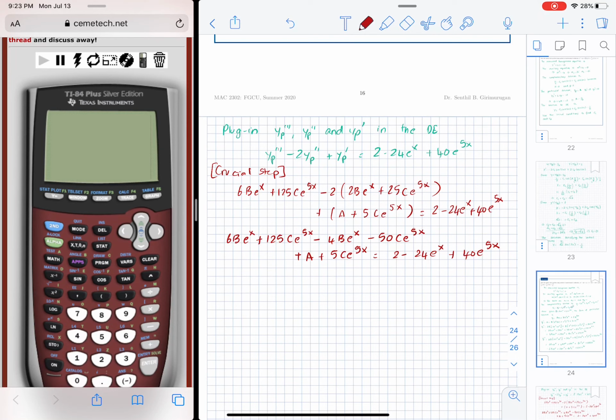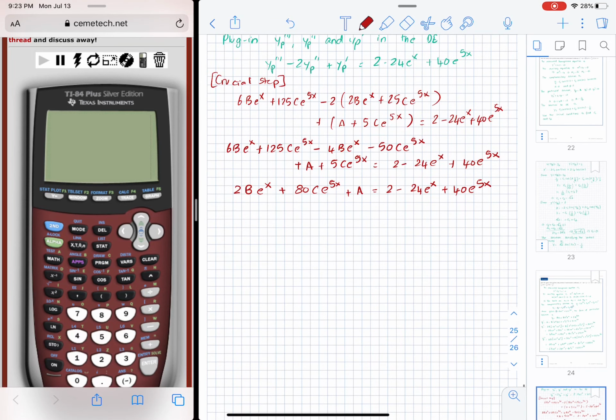So combining the terms, I have 2b e^x plus 80c e^(5x) plus a equals 2 minus 24 e^x plus 40 e^(5x). By direct comparison, a would become 2, b would become negative 12, because 2b is negative 24.